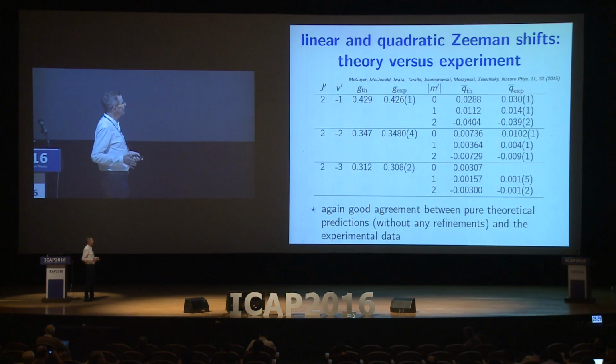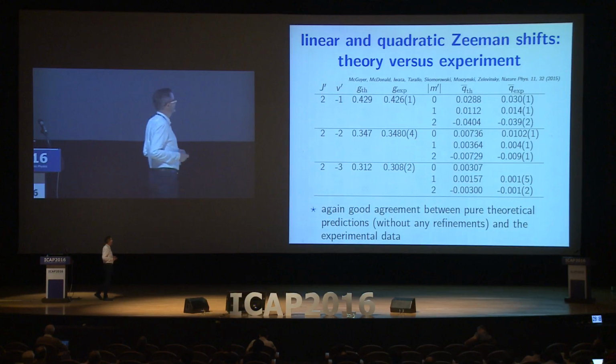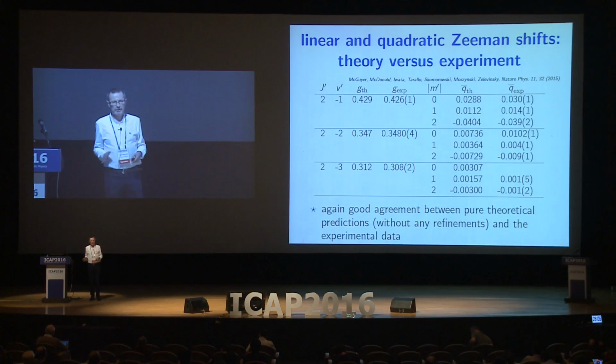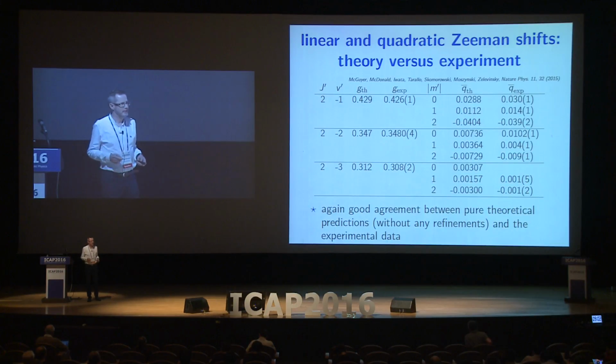But then, because they can measure linear and quadratic Zeeman splitting, we started to look at them. And here again, if you look at the numbers, linear, perfect agreement, quadratic, perfect agreement. So this was the proof that the observed transitions are really gerade to gerade, singlet to triplet.